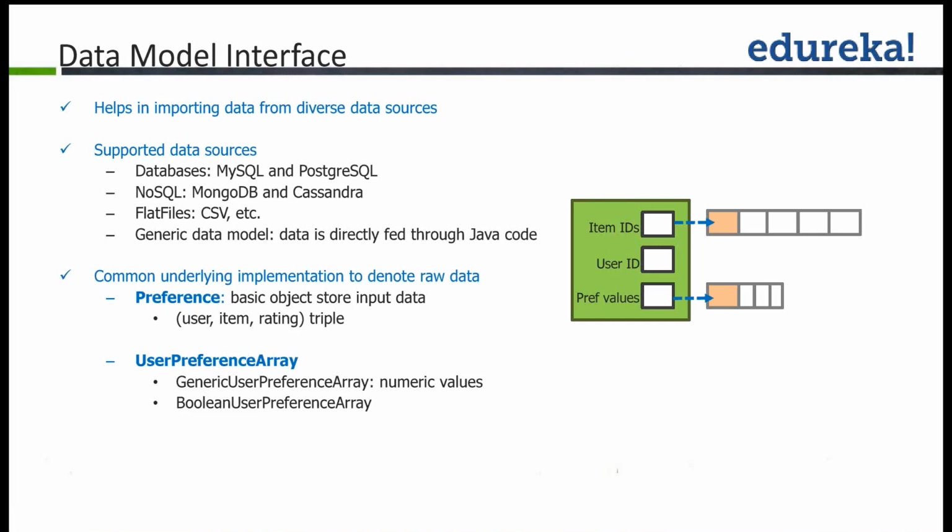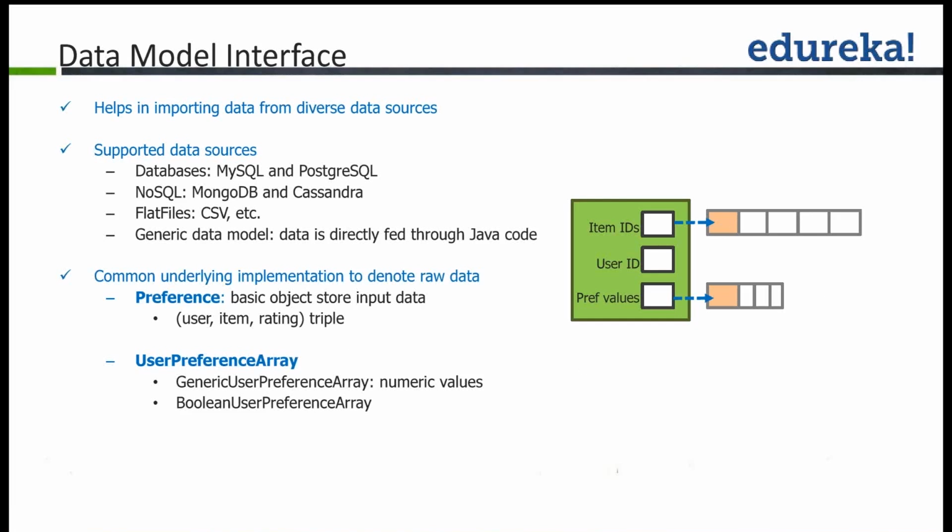And you have a more complex data structure for every user. There's a user ID, and there are a bunch of item IDs that the user has provided preferences for, and accordingly, for each of those items you have the corresponding preference value. That is what is called the user preference array.